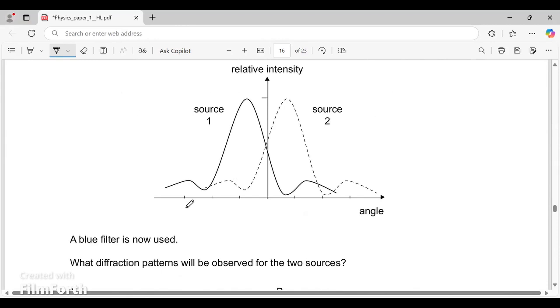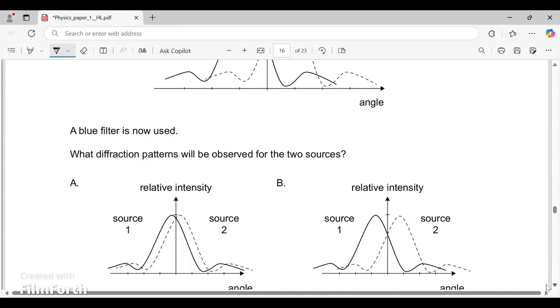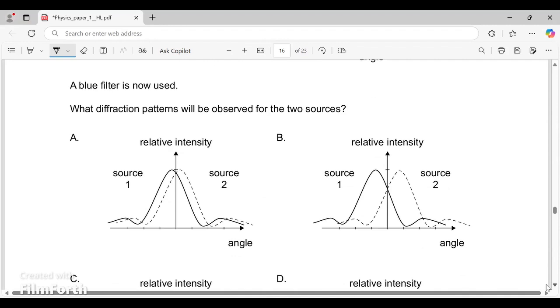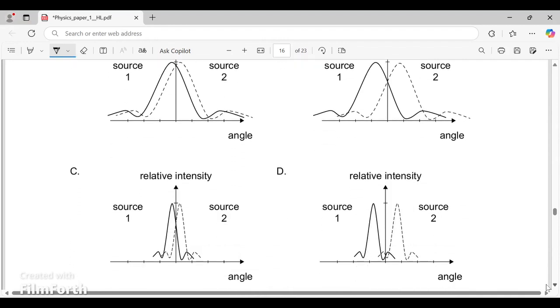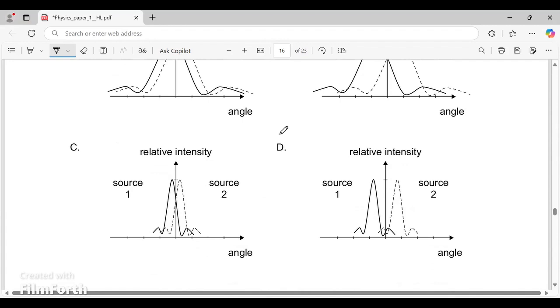This means the diffraction pattern will show the two sources as more clearly separated, between source 1 and source 2, and they may become more distinct than with the green filter. So if we evaluate options A, B, C, D, the answer is option D.